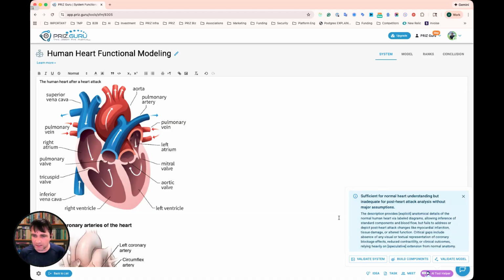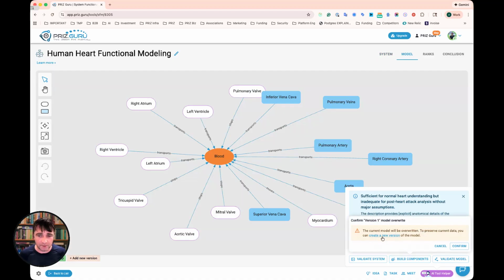And of course, we're getting a little bit less of a mark on the validation piece because we're missing context. We're missing what actually was damaged as part of the heart attack event, right?